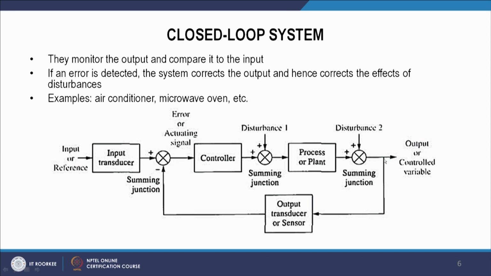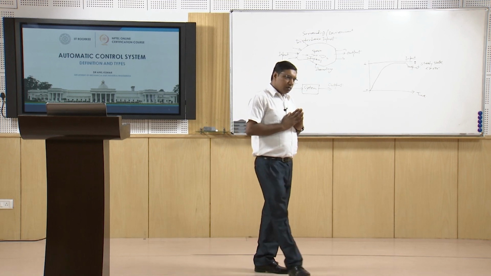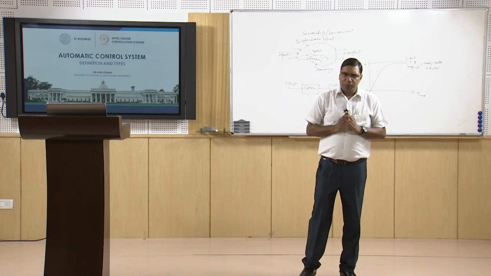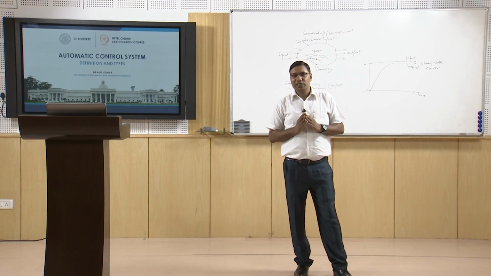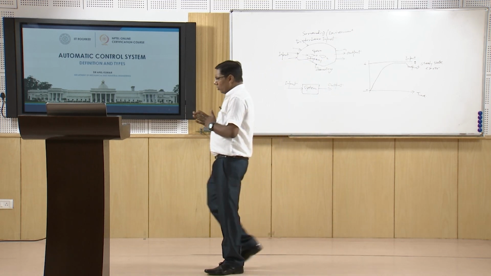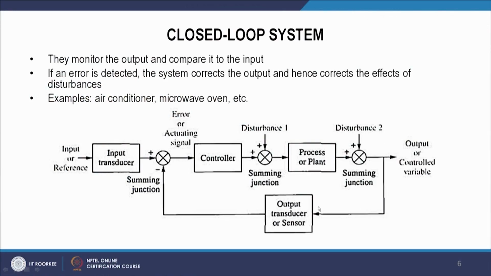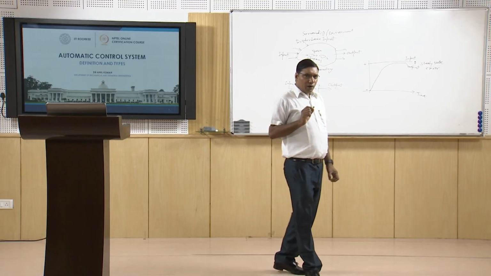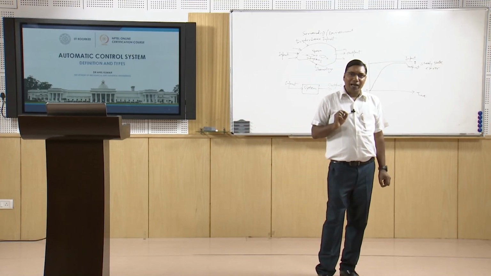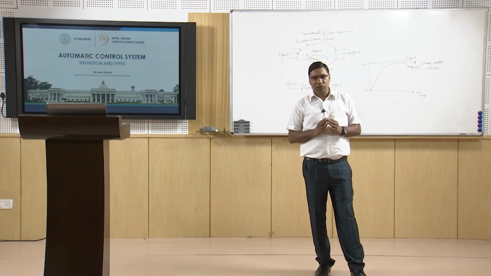Now how this closed loop system handles this problem is that it takes the output as feedback to the input. So we are taking back the output. We want to know what output we are actually getting: are we getting the desired output or not?